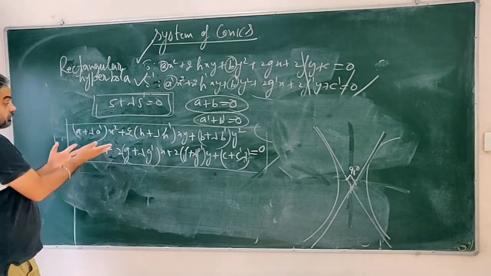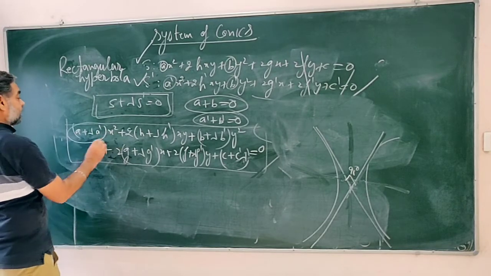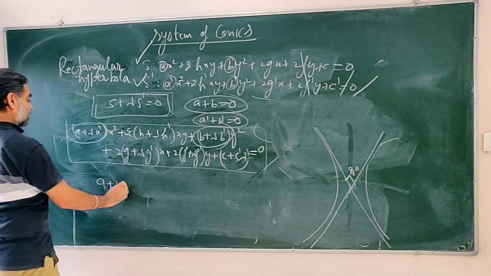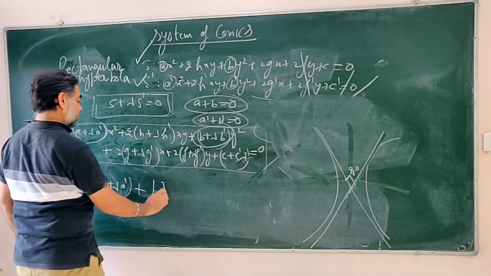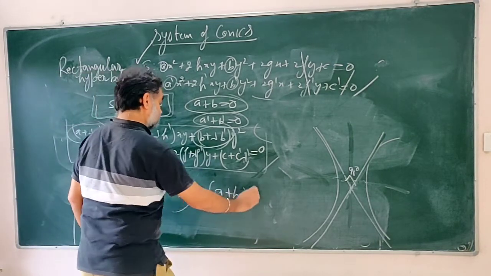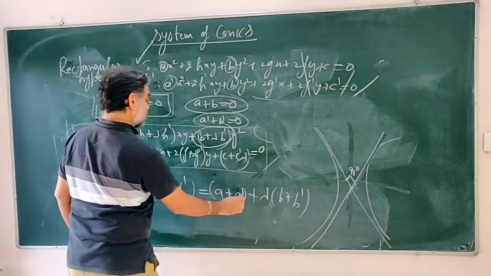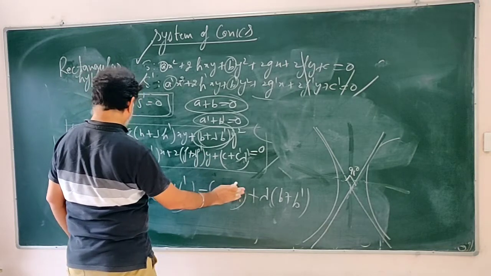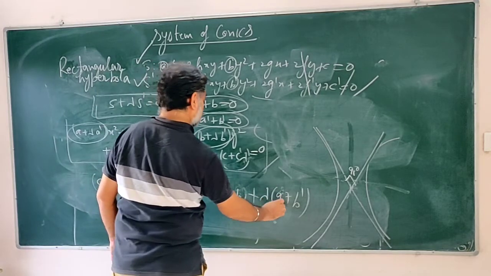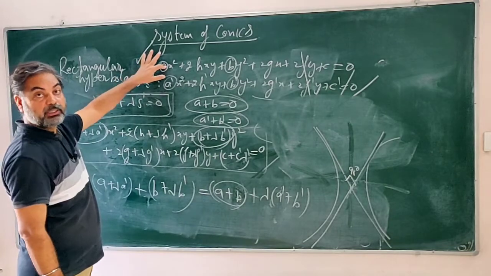And in this equation, if this conic is a hyperbola, then you observe that the coefficient of x square plus the coefficient of y square is equal to this, a plus b. And a plus b is 0 because this hyperbola is a rectangular hyperbola.